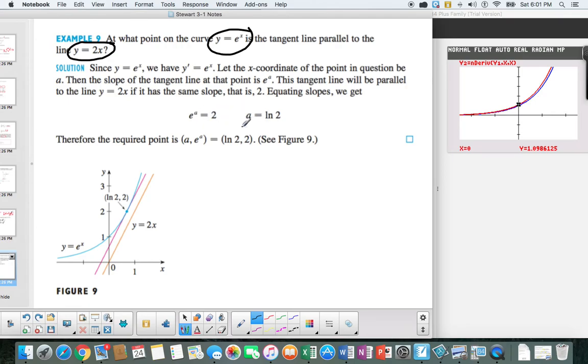And when we use our algebra process, we're going to take the natural log of both sides, and we're going to isolate a, and a will be equal to the natural log of 2. So this is the answer. At the natural log of 2 on the e to the x curve, that slope is equal to the slope of the line. And this is the end of the screencast.